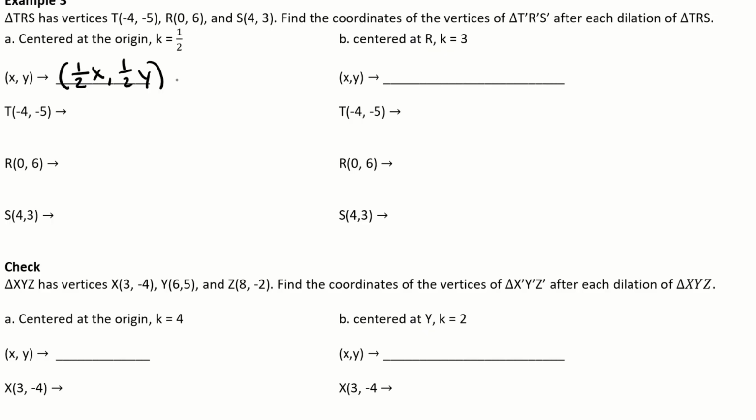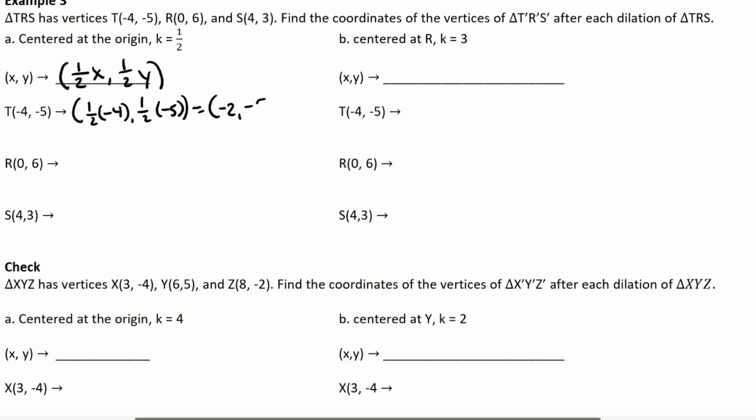All right, and then we can go ahead and multiply these. Let me do the 1/2 first: 1/2 times negative 4, and 1/2 times negative 5. 1/2 times negative 4 is negative 2. 1/2 times negative 5 is just going to be negative 5 over 2.